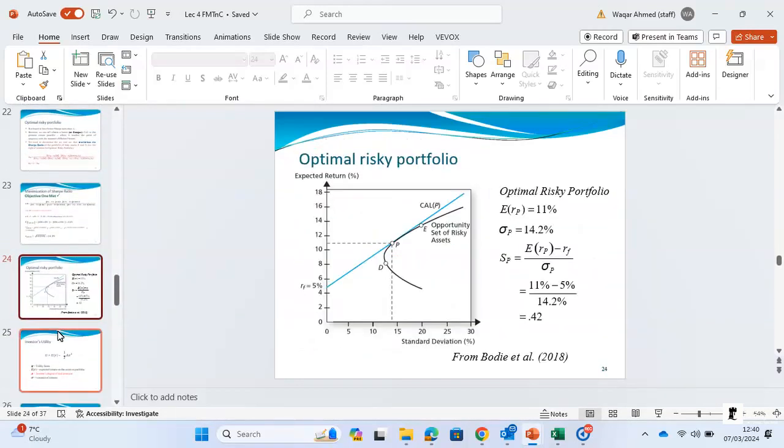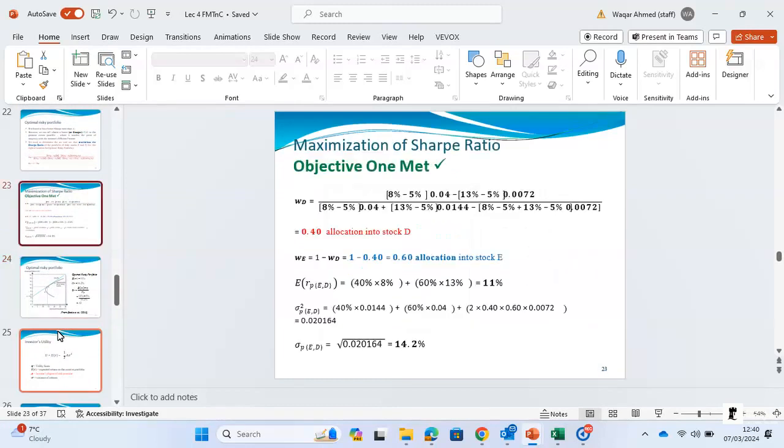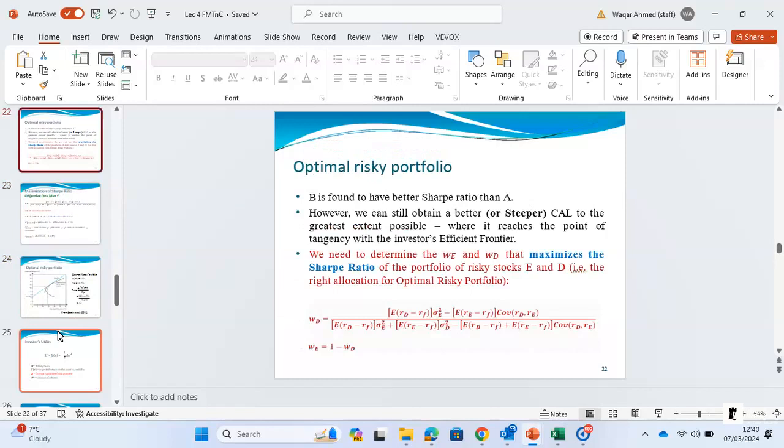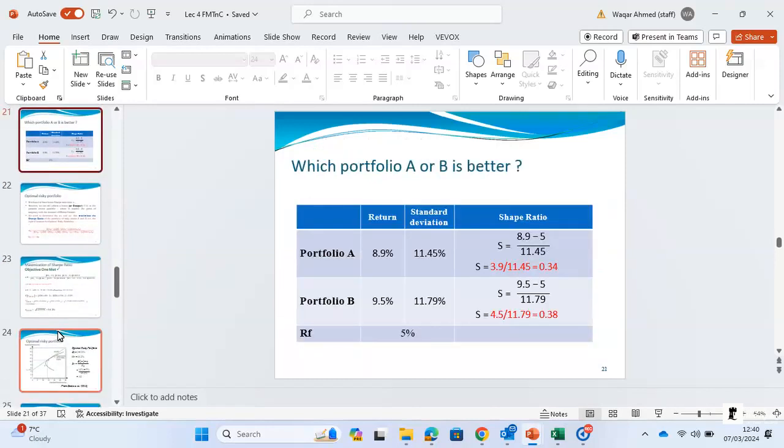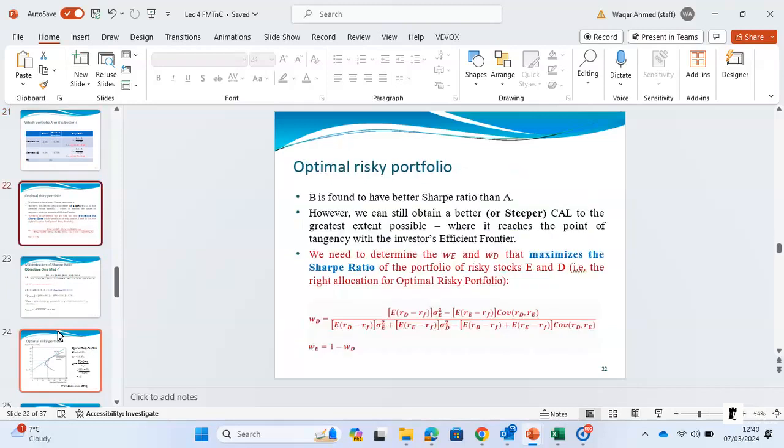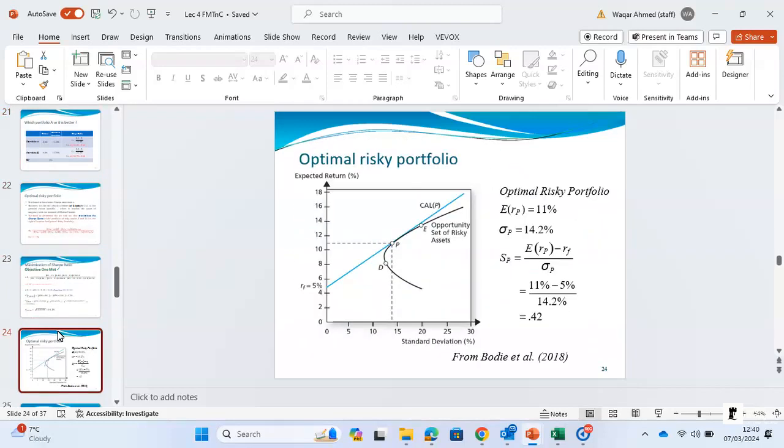So this was the slide where we stopped in the previous session. The example that we were working with had two stocks, stock D and stock E, and we wanted to create an optimal portfolio. The optimal portfolio that we identified using this example was this point P, right?